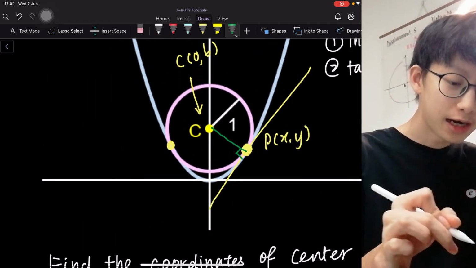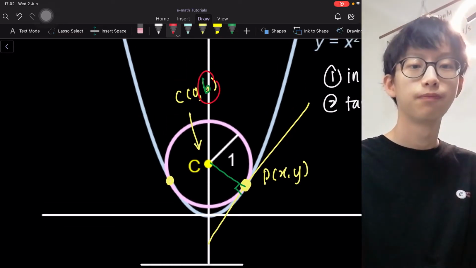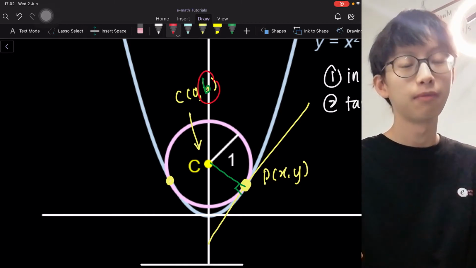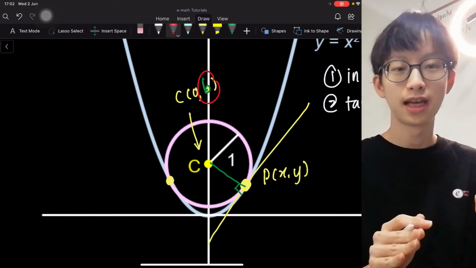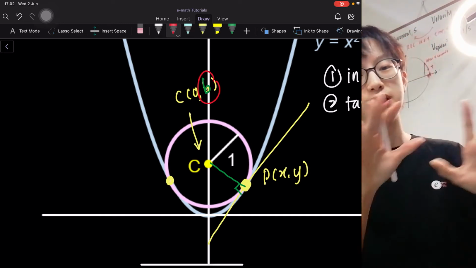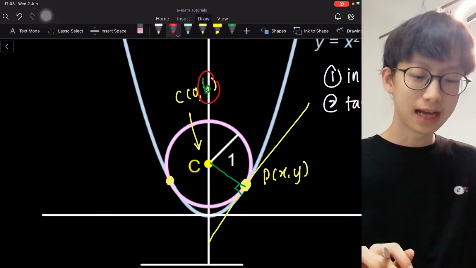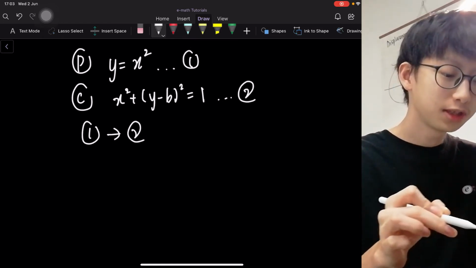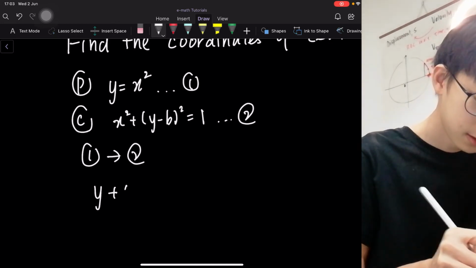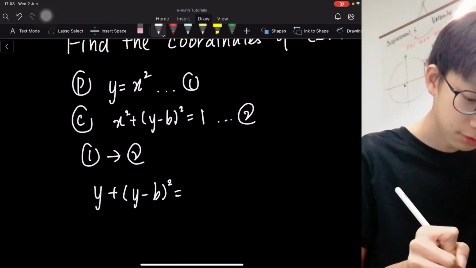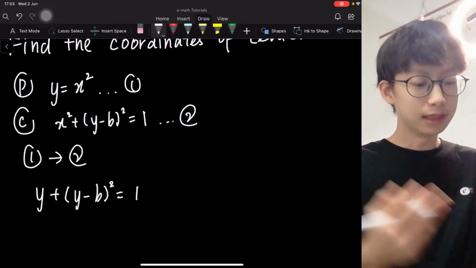We are looking for the y coordinate of the center, because we already know the x coordinate, which means at the final few steps we are looking at b equals something. So I think we should eliminate our x squared here, which is y plus y minus b squared equals 1. Is that right? Yep. And I think I will leave it like this.